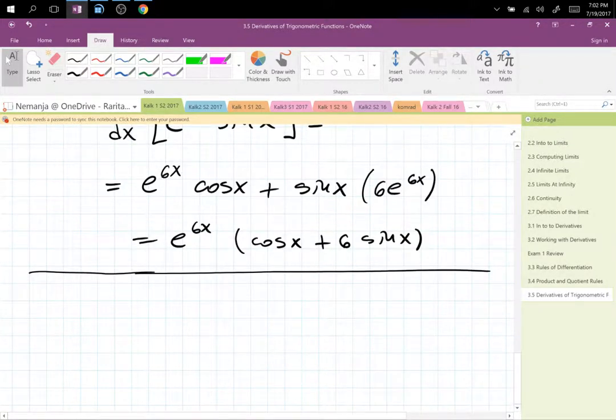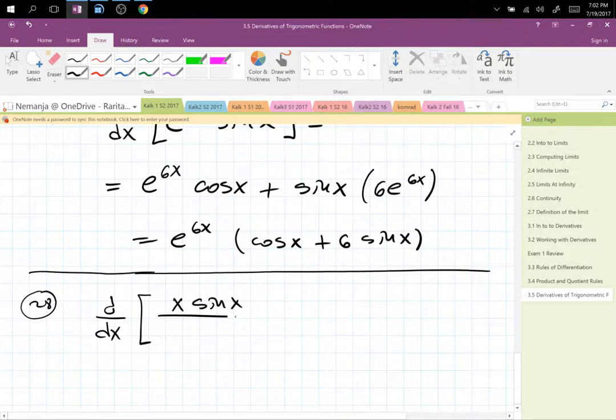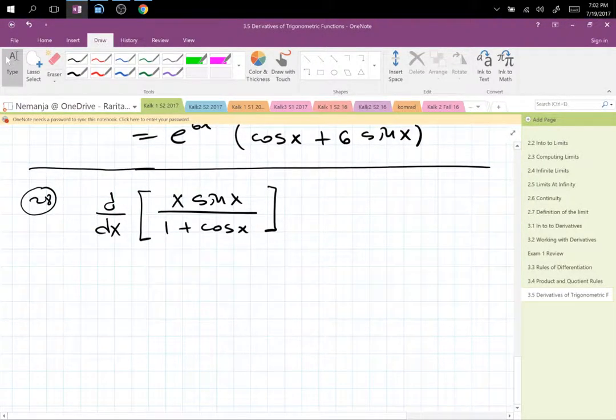One more example from the textbook. Problem 28. It says x sine x divided by 1 plus cosine x.